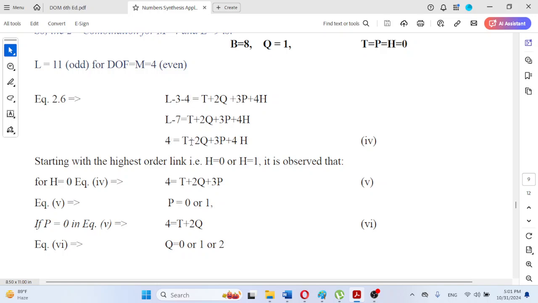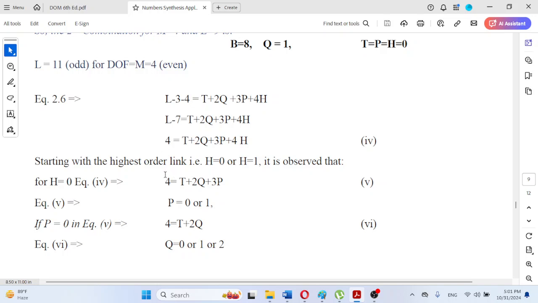So 4 will be equal to T plus 2Q plus 3P plus 8. This 8 will be subtracted from 4 on the left hand side, giving negative 4. That means the sum of T plus 2Q plus 3P will be equal to negative 4, which is practically impossible, since the sum of any types of links cannot give a negative number.